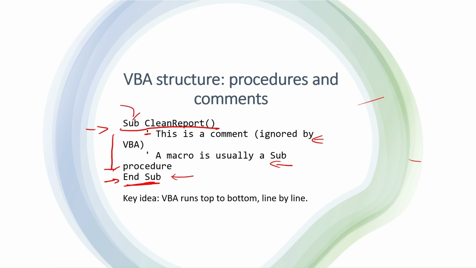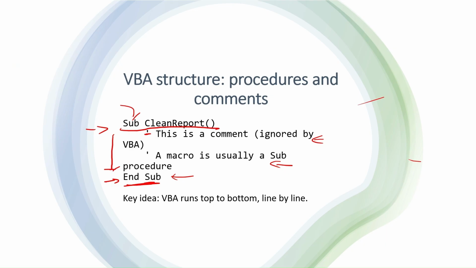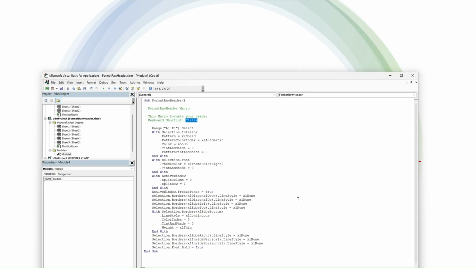When you are writing in your Visual Basic Editor, bear in mind that everything is run line by line from top to bottom. For example, I can't put Range AP1 select down there.